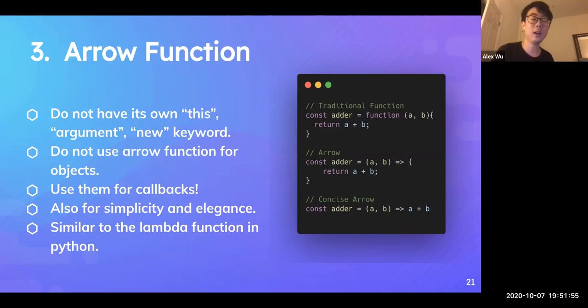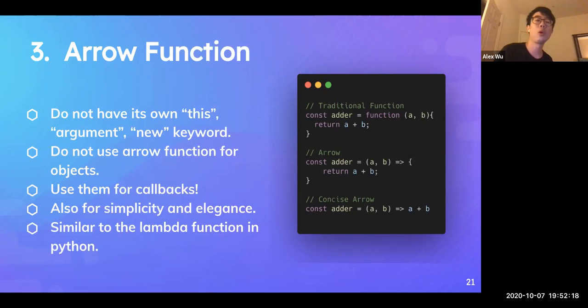You can put the send response function as a parameter into the process request function, and after the process request function executes all the code within it, you can call this callback function. This is essentially how people use arrow functions.